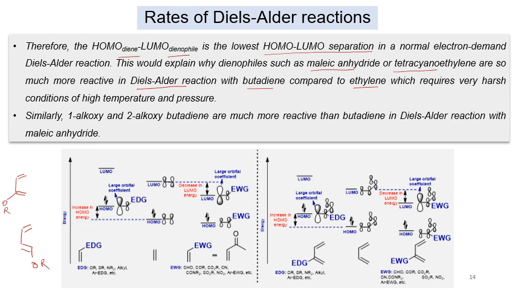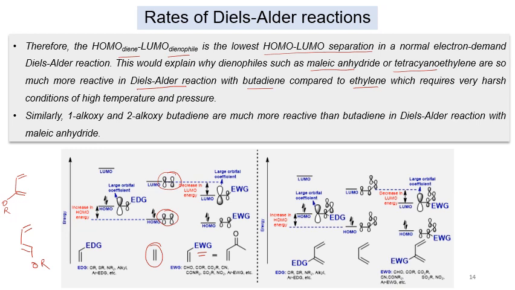So you can see here from this particular diagram, if we are seeing a dienophile, in this particular case, if you start off comparing with ethylene, when you put an electron withdrawing group, what happens to the lobes? See here, when you start off with ethylene, both the coefficients are almost equal.